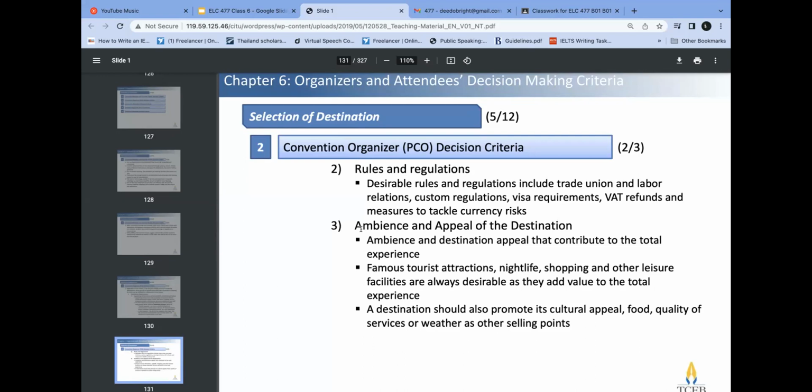Next is ambience and appeal of the destination. It is mentioned as attractiveness. We can see destination appeal contributes to the total experience, so we have to research where the right place would be. This includes famous destination attractions, nightlife, shopping, and other leisure facilities.